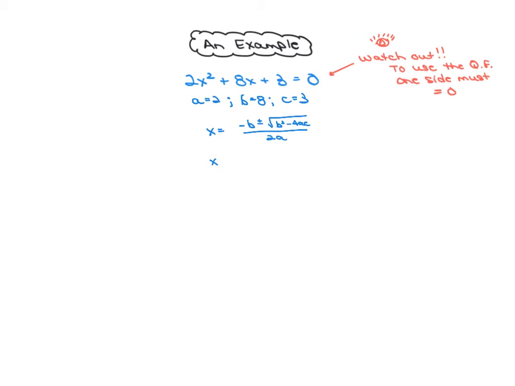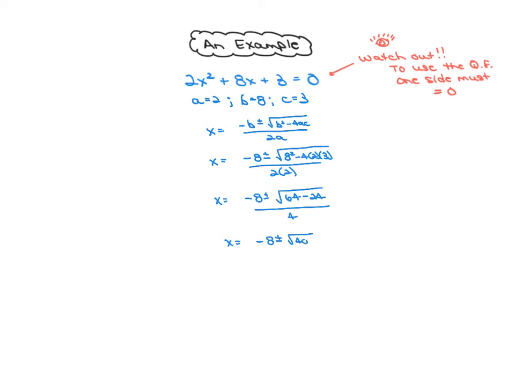So let's substitute: -8 plus or minus the square root of 8 squared minus 4 times 2 times 3, all over 2 times 2. All right, let's do our arithmetic. -8 plus or minus the square root of 64 minus 24 all over 4, and x is equal to -8 plus or minus the square root of 40 over 4.